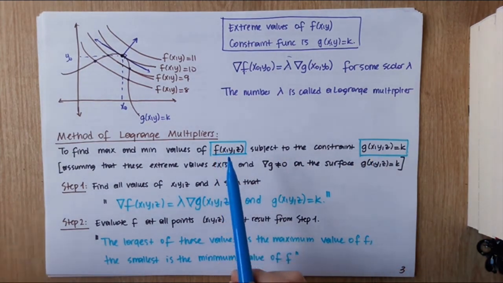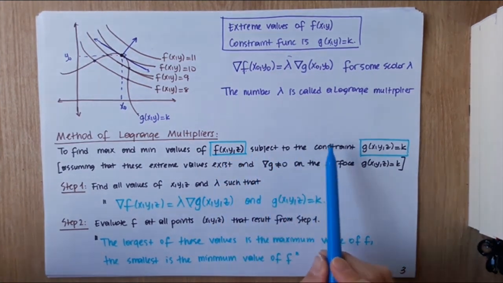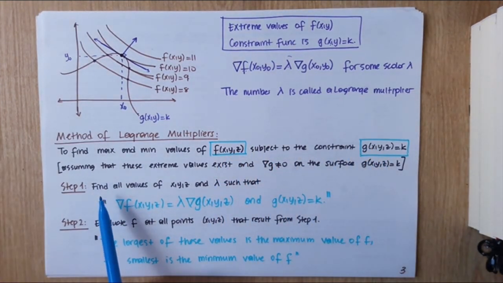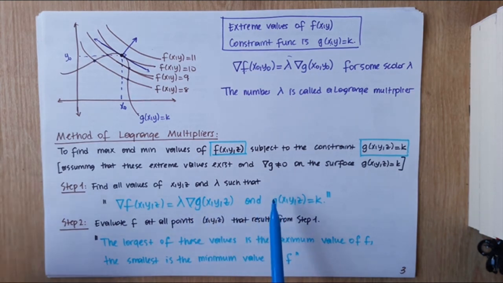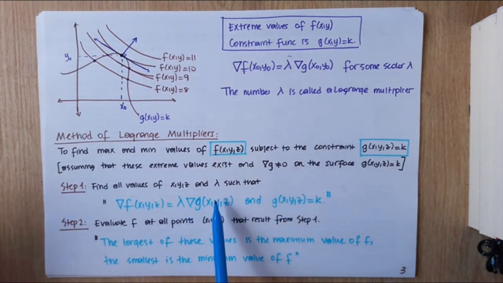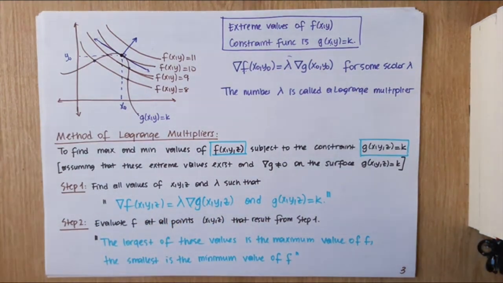So to obtain maximum and minimum values of this function subject to that constraint, first of all, we should solve the equation gradient f equals lambda gradient g and this constraint at the same time. And then we will substitute those points into f and obtain some results. Then comparing these results, we can decide that the largest of these values is the maximum value of f and the smallest is the minimum value of f here.